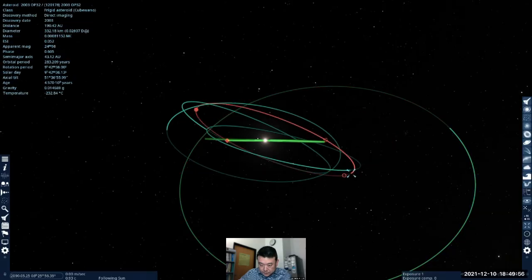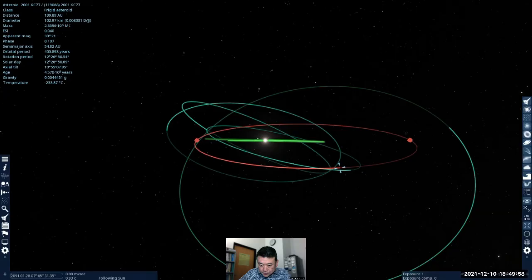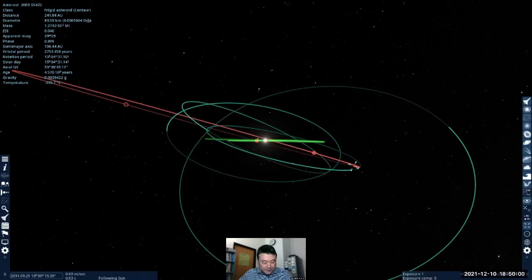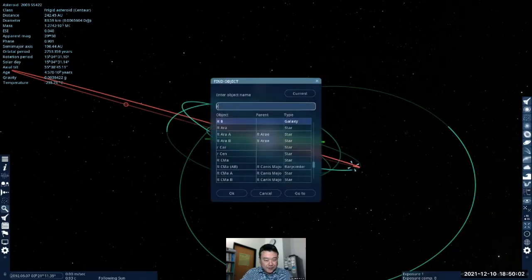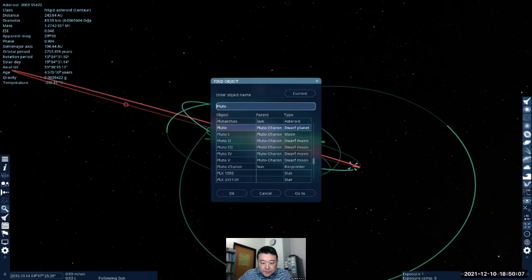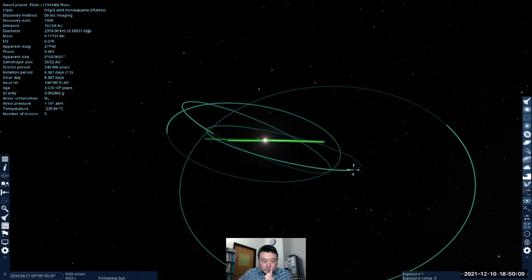And when you look at the mass of Pluto, if I can select Pluto, all right, I'm just going to use the search feature. So many. So the mass of Pluto is actually less than the mass of Eris, 18% of the mass of the Moon.